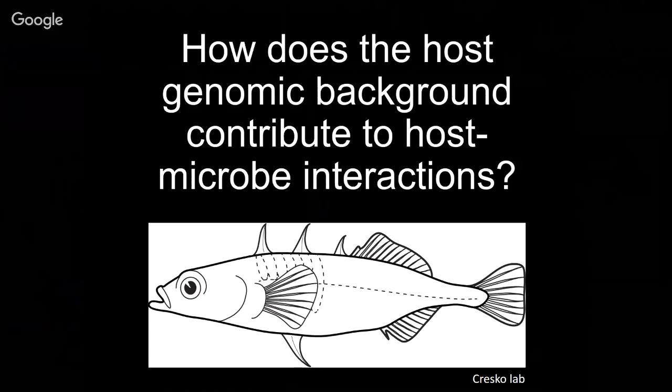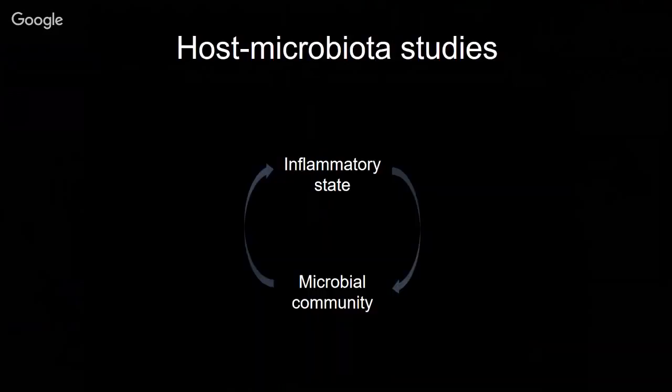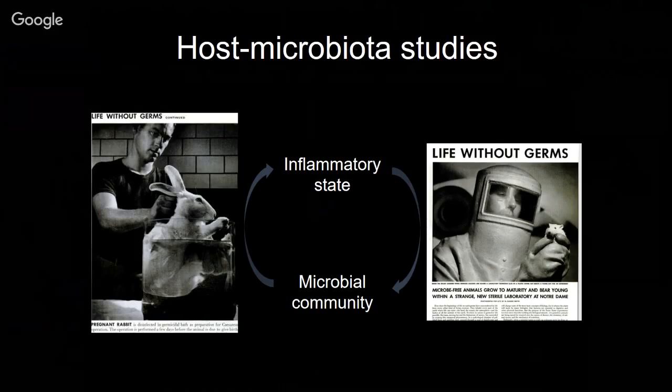But one of the reasons that we wanted to use this fish is because in the past, when host microbe studies were first started in gnotobiotic animals, and here I'm showing some pictures from the 50s of host microbe interaction studies in which animals were made germ-free, you can see that back in the 50s we were using models that are not standard now. So rabbits and mice that actually were not inbred.